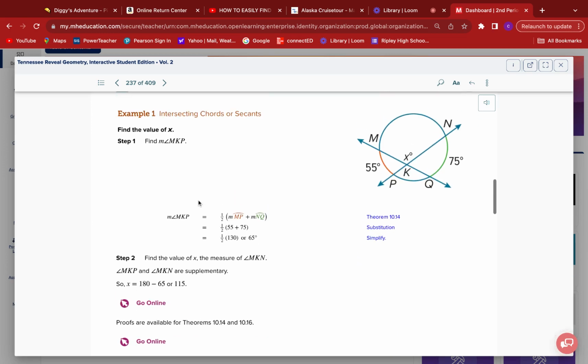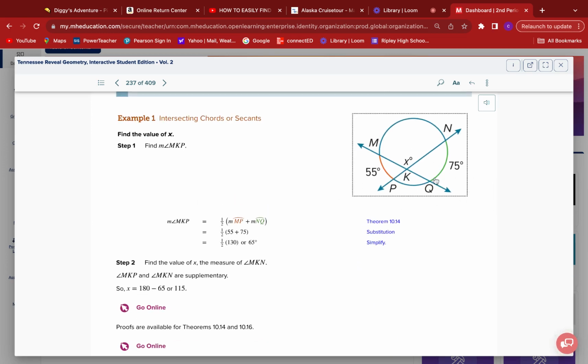So if you've got two secants intersecting inside the circle, to find the angle measures, we add these two arcs up and divide by 2. But that's going to give you these vertical angles that I'm pointing to, not the X. This angle between makes the 55 and its vertical angle, which is the same, this angle between the 75.